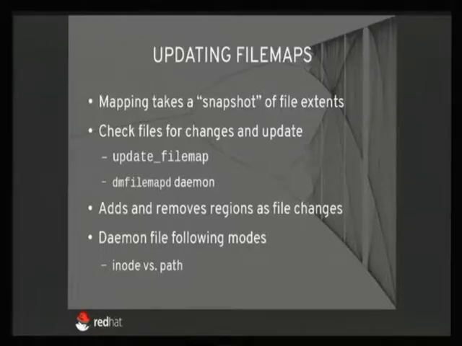This facility has two modes of operation in the daemon. We can either follow the inode, or we can follow the path. And these are useful for different styles of updating the files. This is why you kind of have to choose here. If your file is likely to be moved or renamed, and you want to continue to get updates for it, you want follow inode.